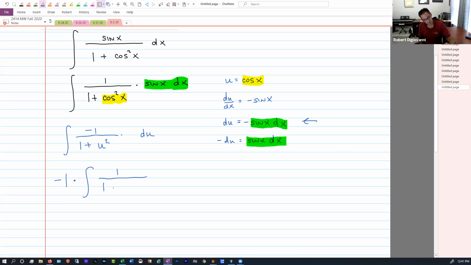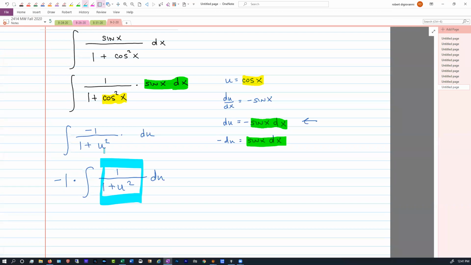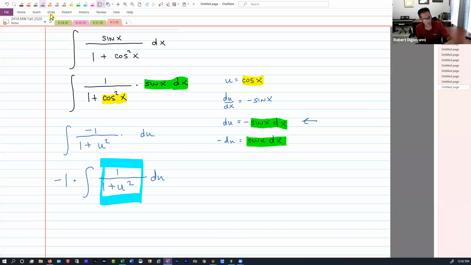I'm going to do it outside because we know that with antiderivatives, the constants can just come along for the ride. So we can just write it outside in front as multiplication. Now, Yusuf, I did that because I was hoping you would recognize the antiderivative of that. Arctan, right? So we're ready now.